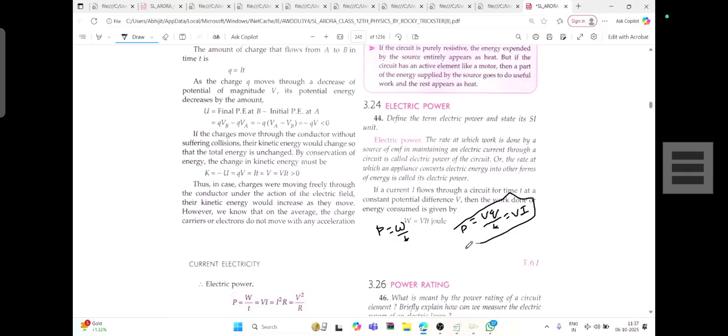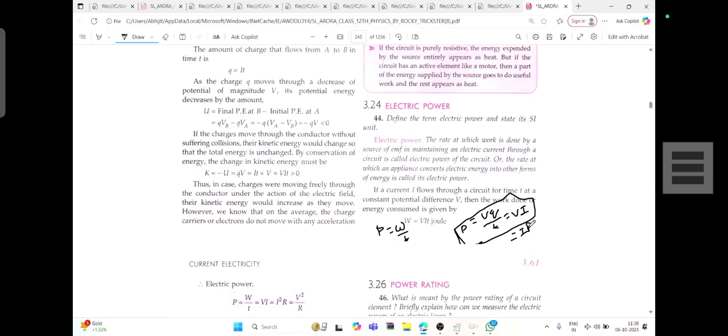That is the main portion of this. And Q by T is I, so P is equals to VI, and V is equals to IR, we know about it.